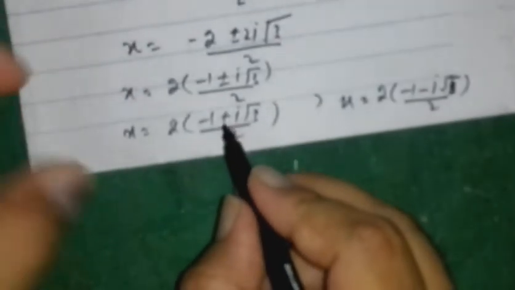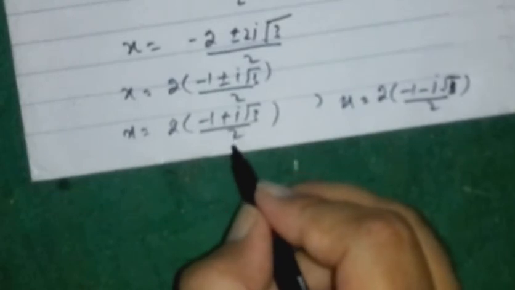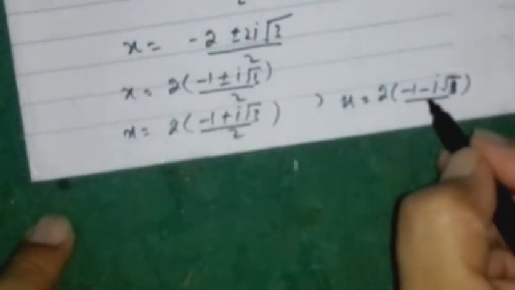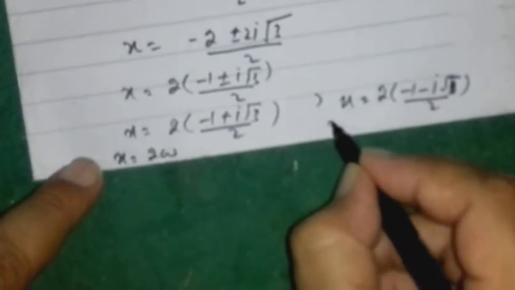Now look, this is omega, minus 1 plus iota under root 3 by 2, and this is omega square. So here we get x equals 2 omega, and here we get x equals 2 omega square.